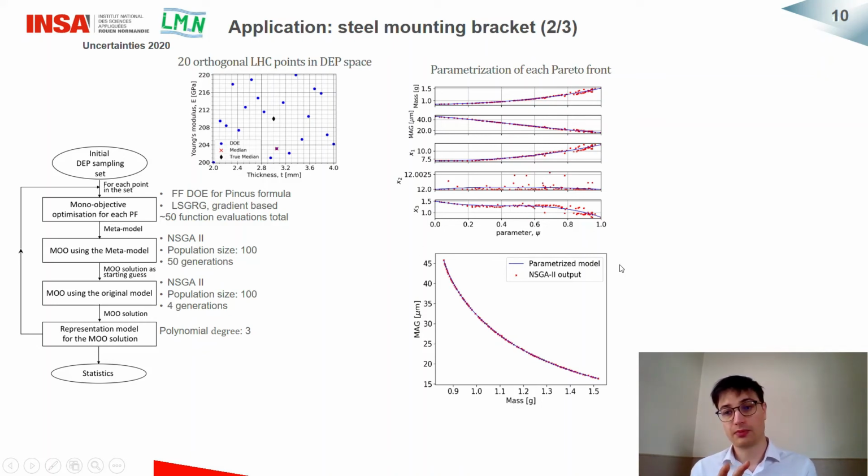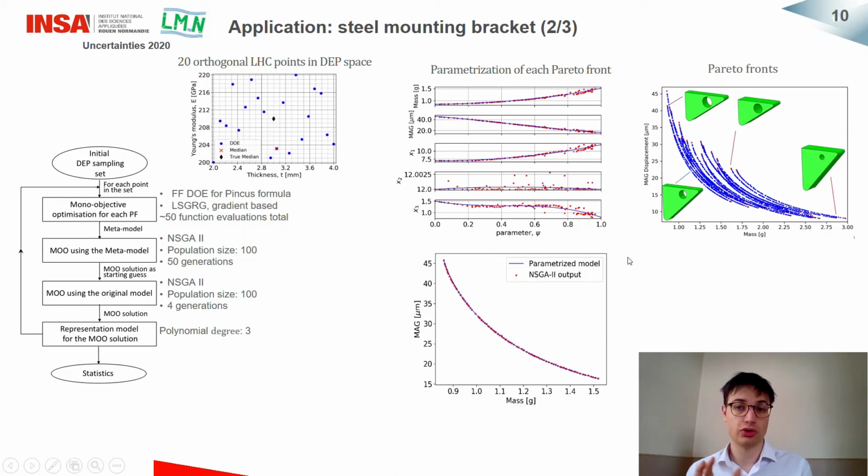And then we apply this methodology to all 20 data points, and we obtain 20 respective Pareto fronts. Also, you can see on this figure some geometries that correspond to some of the data points.